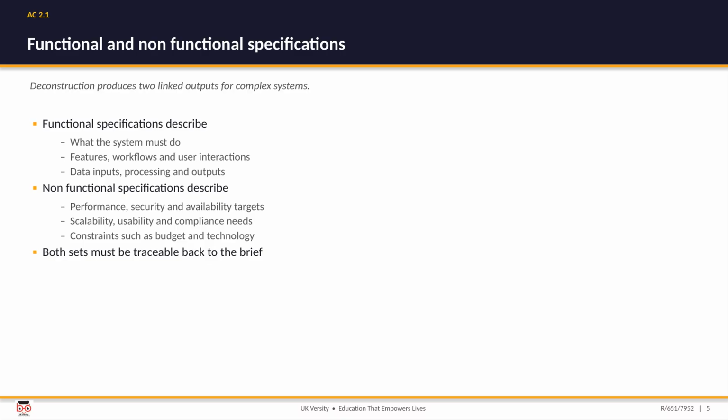Non-functional specifications describe how well it must do those things, so targets for performance, security, availability, scalability, and compliance, plus constraints such as budget and chosen technology. The discipline to remember is that both sets must trace back to the original brief, so nothing creeps in that the client never asked for.